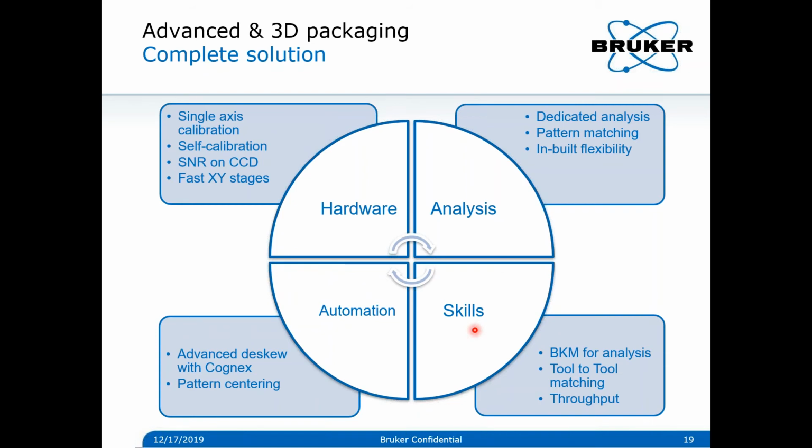And last but not least, you have to deal with a certain number of skills, such that the best known method for analysis strategies is perfectly in place, where you can match tool to tool and get the throughput.